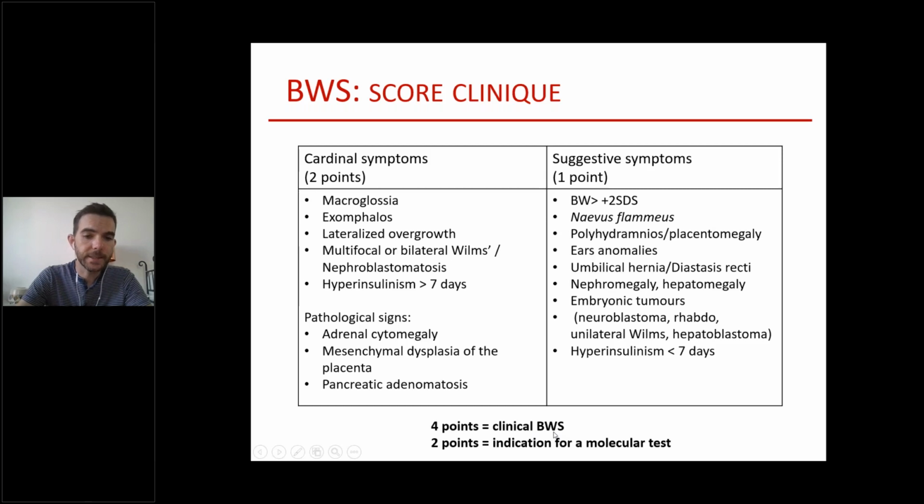But we decided that the indication for molecular test of 11p15 was possible as soon as the patient scored 2 points, including those patients with an isolated cardinal symptom. Because the aim of this decision was to be highly sensitive in order not to miss any patient because of the consequences of tumor screening.